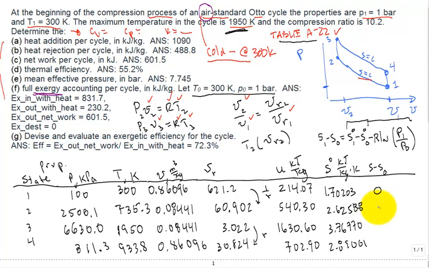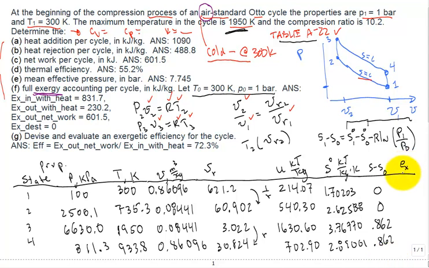It's essentially 0 again, because from 1 to 2 it was isentropic. Now it's 0.862 and 0.862 for the last two states, state 3 and 4. All of that just so I'm ready to calculate the exergy.